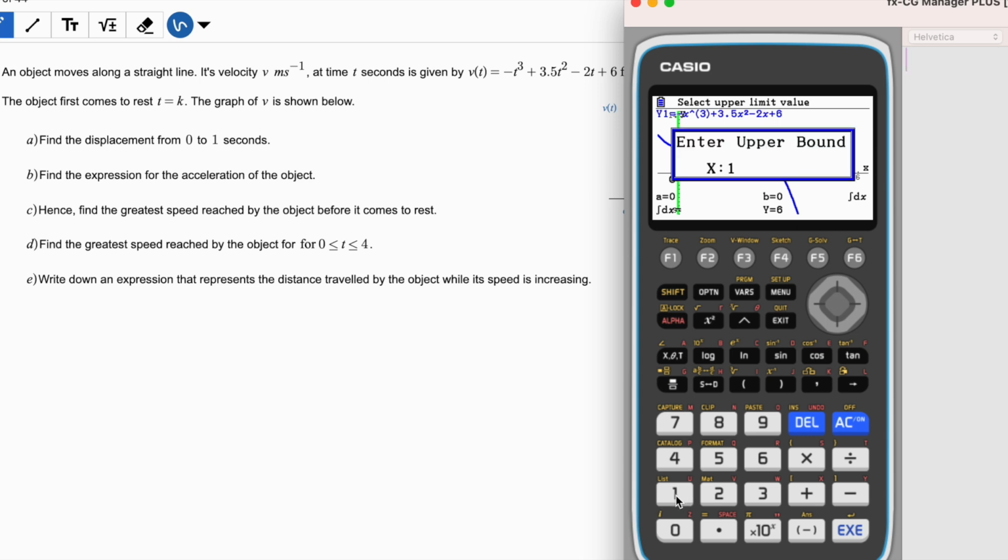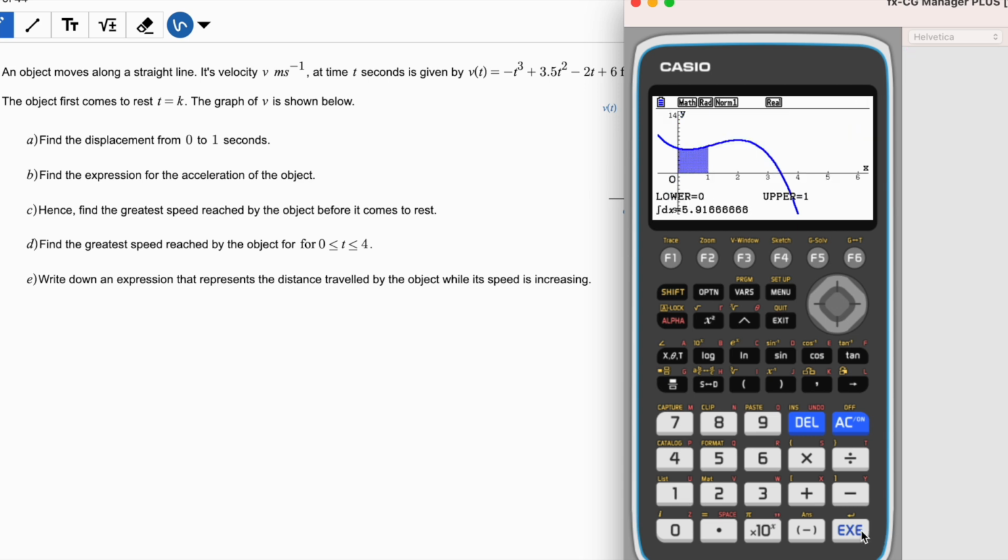So just 1. So you can see this is the area from 0 to 1 under velocity time graph. And it is above x-axis because my graph of velocity is above the x-axis for 0 to 1 second. So I can actually use this number 5.9166 as my displacement for my first part.